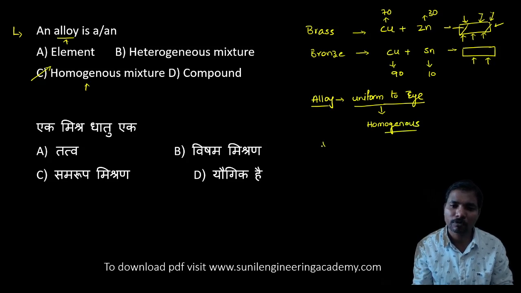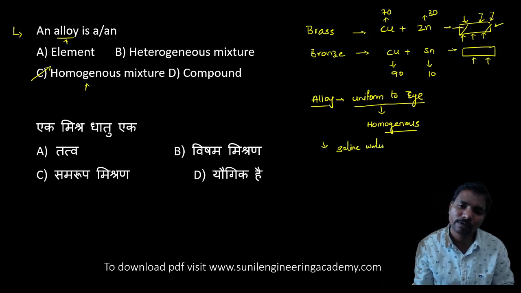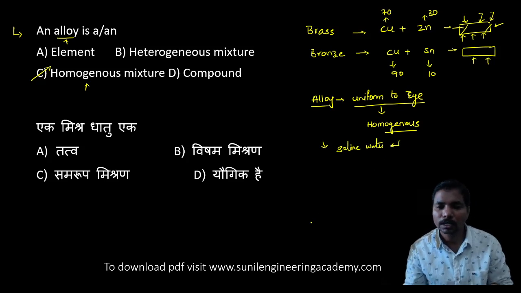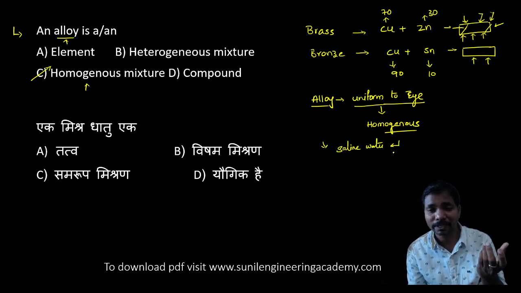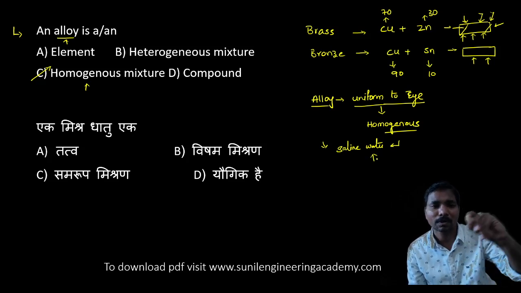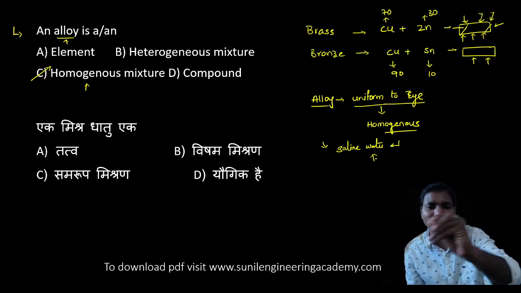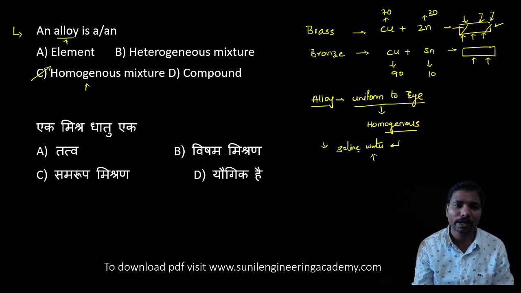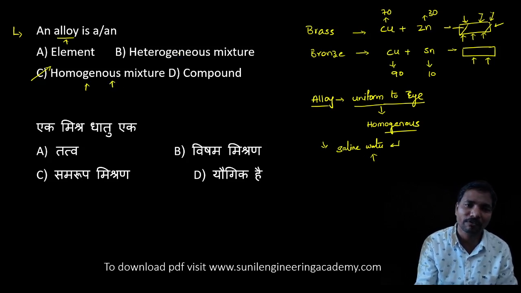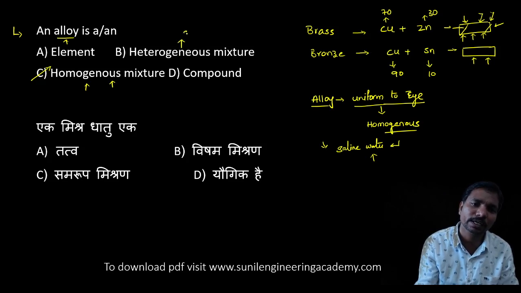For example, take saline water. If you add some calcium or magnesium, it still looks uniform. You cannot identify which part belongs to calcium water and which to magnesium water. So these are homogeneous mixtures. Heterogeneous mixtures are, for example, salt plus pepper.